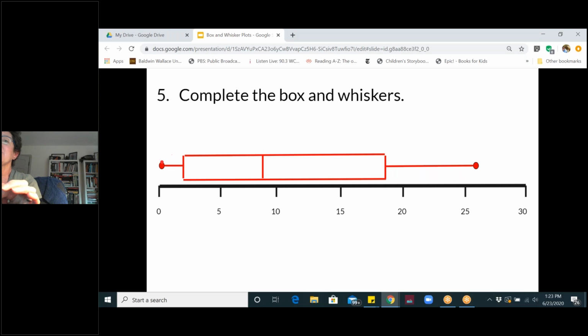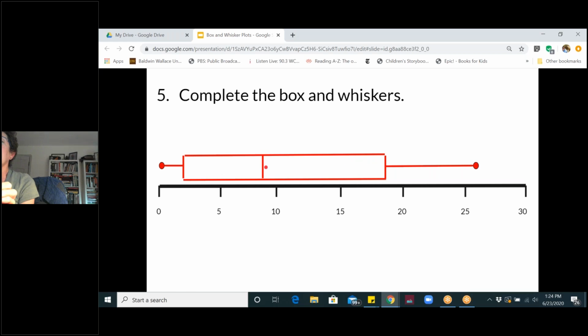So 25% of my students are coming in between 0 and 1.5. And 25% are between 1.5 and 8. So this means that there's a lot of students clumped down here. And see how spread out this is up here? Here's my median, and then look how long it is to get to the quartile. And look how long this whisker is out here.